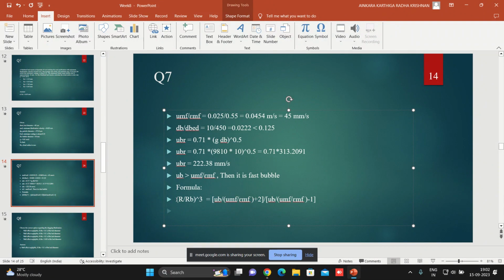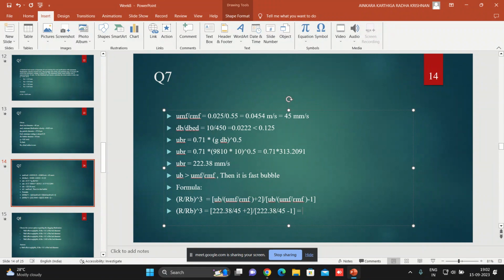So how do we substitute it? This one is equal to 222.38 divided by 45 plus 2, divided by 222.38 divided by 45 minus 1.